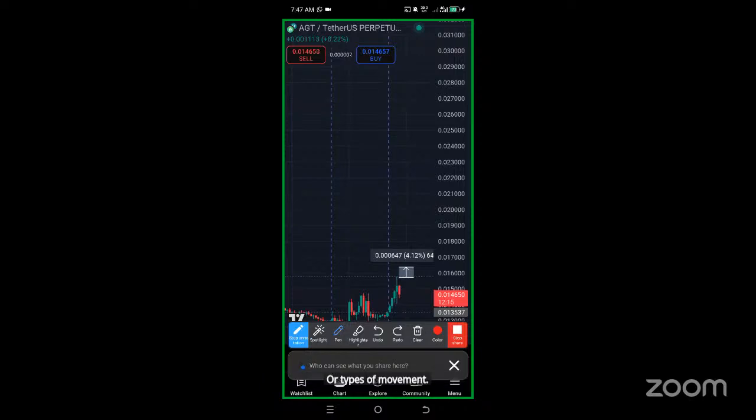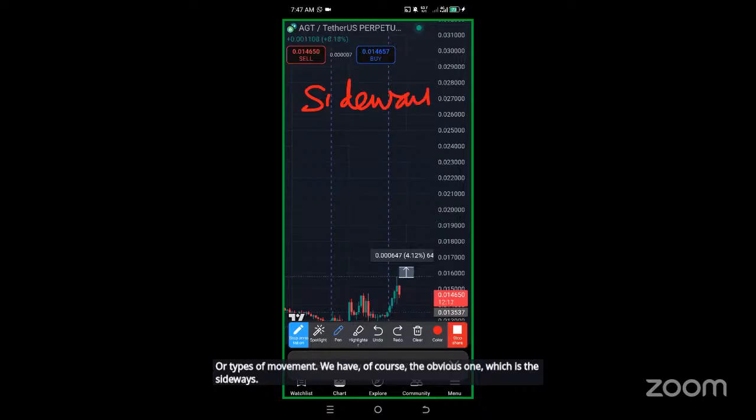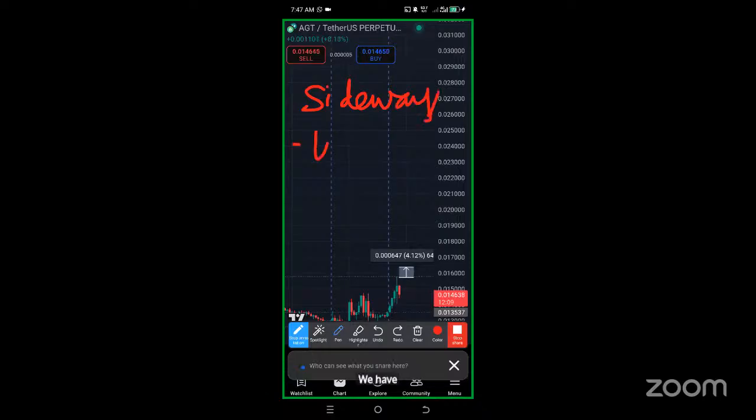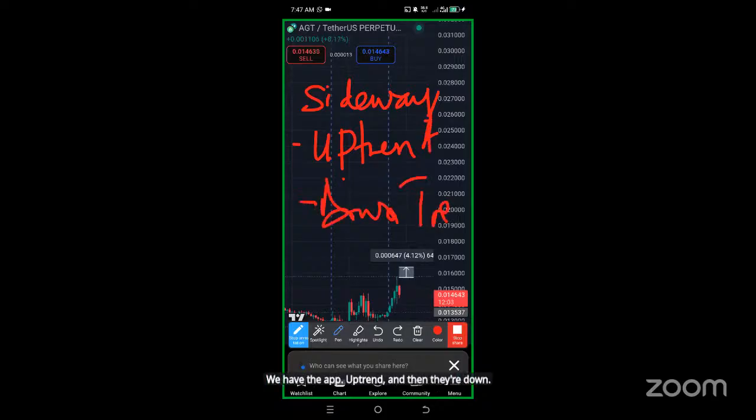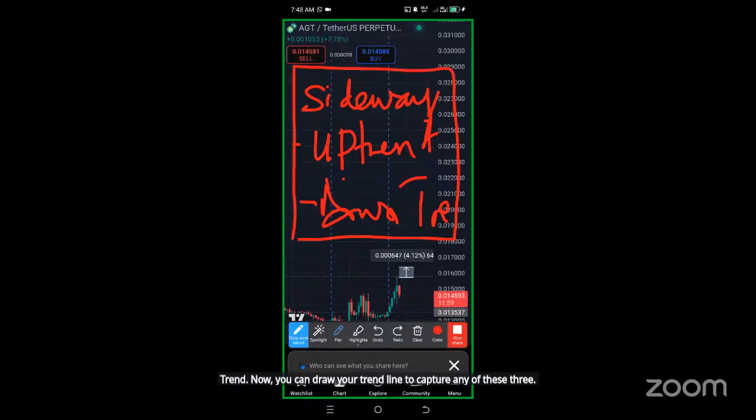We have, of course, the obvious one, which is the sideways. We have the uptrend, and then the downtrend. Now you can draw your trend line to capture any of these three market structures, of which there are a little bit of principles that you follow depending on the kind of market you wish to draw your trend lines on.